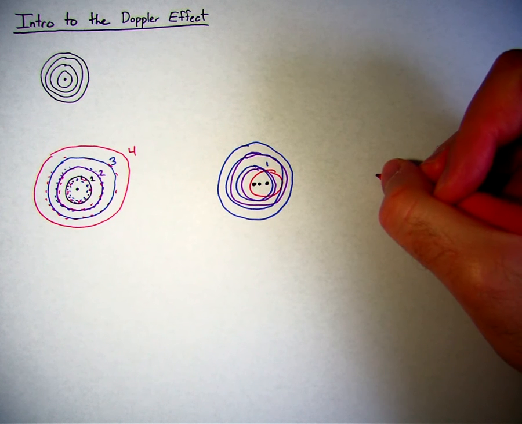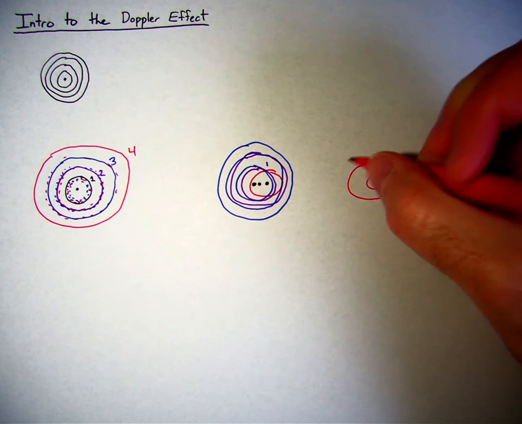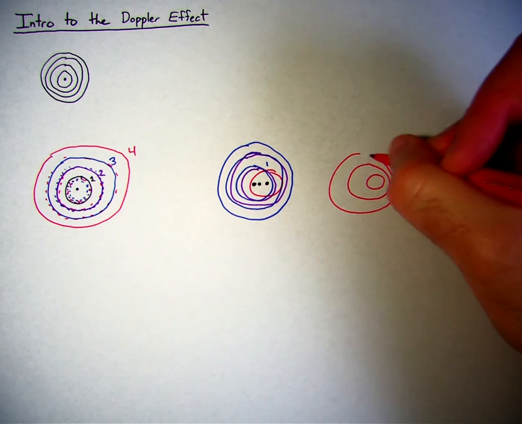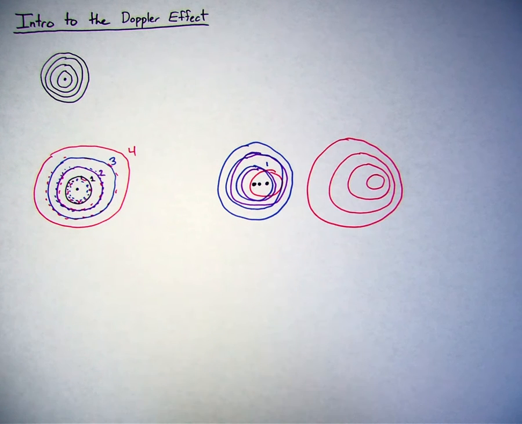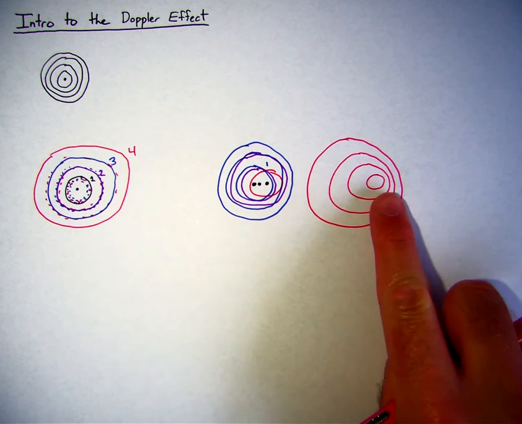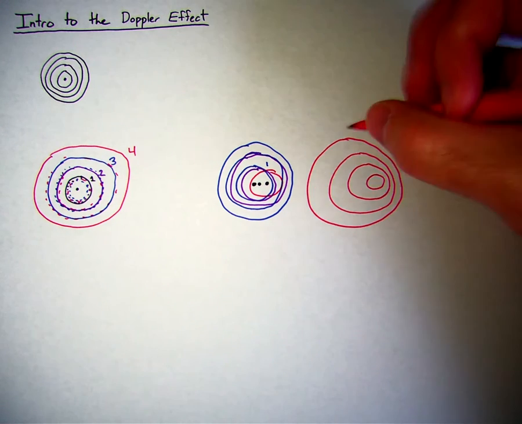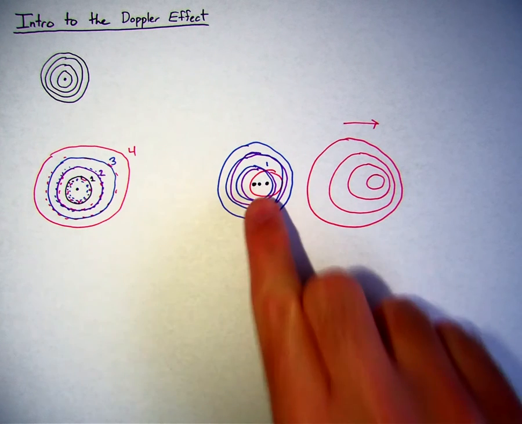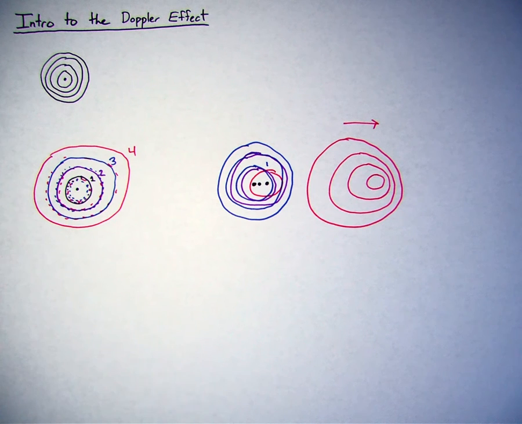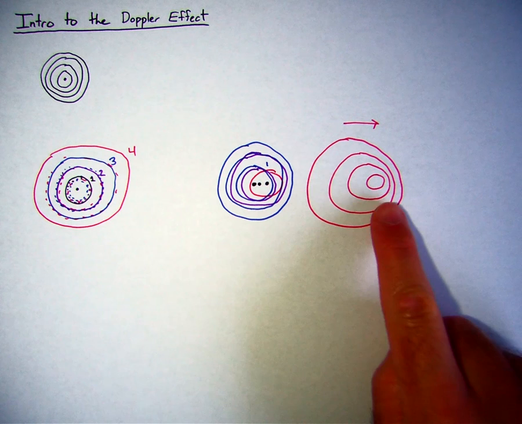If this is our circular pattern, it looks something like this, where the circles are concentric based off the original spot, but the source of the next circle keeps shifting over and over to the right. That's because the source of the sound is actually moving to the right. So you keep producing these new waves in different spots shifted over to the right.